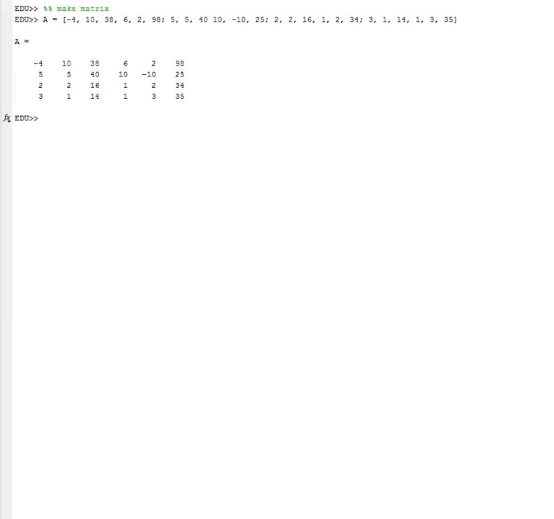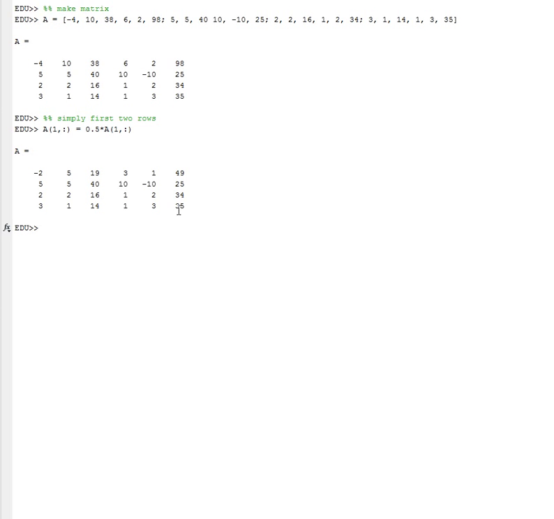So row 1 and 2 look okay to me. I'm going to do some manipulation just to make things look a little more reduced, simplified, and I'm going to divide out a factor of 2 from the first row and a factor of 5 from the second row.